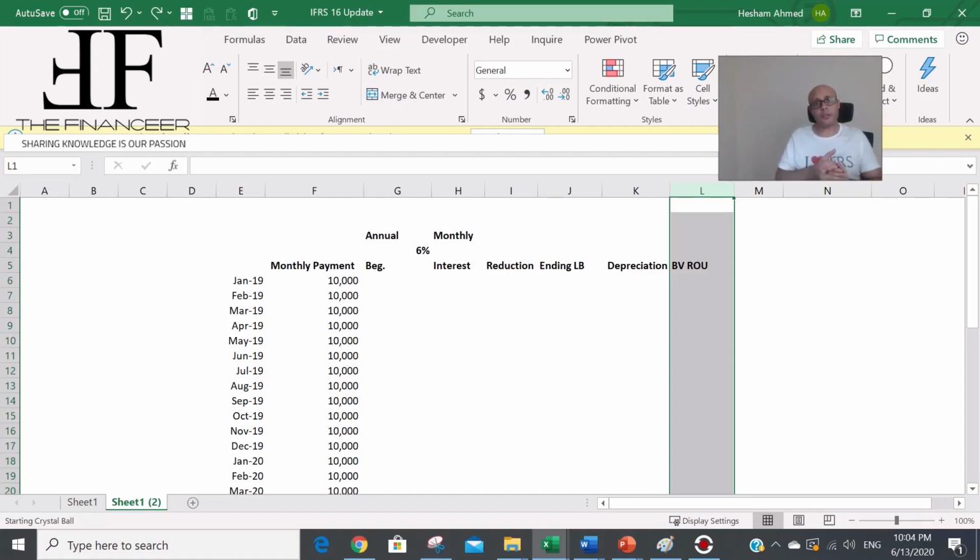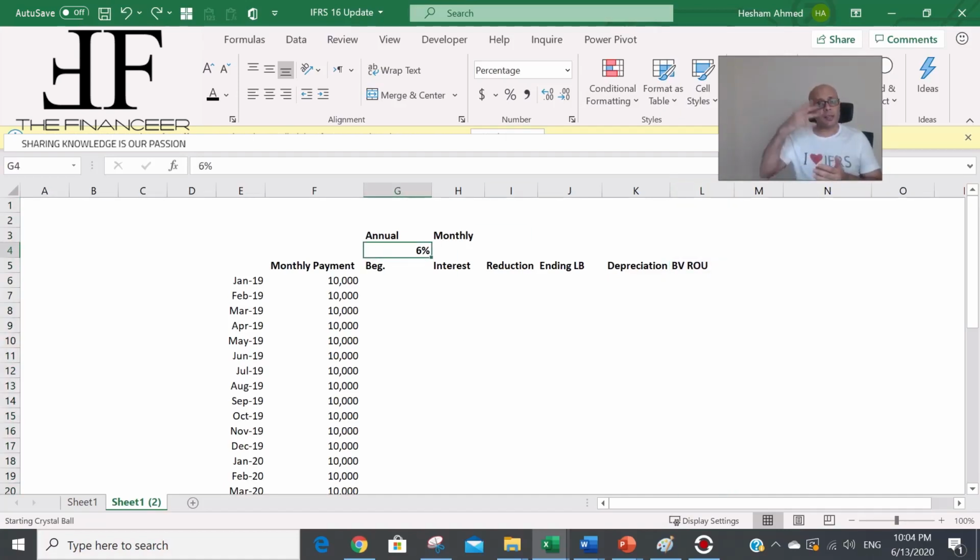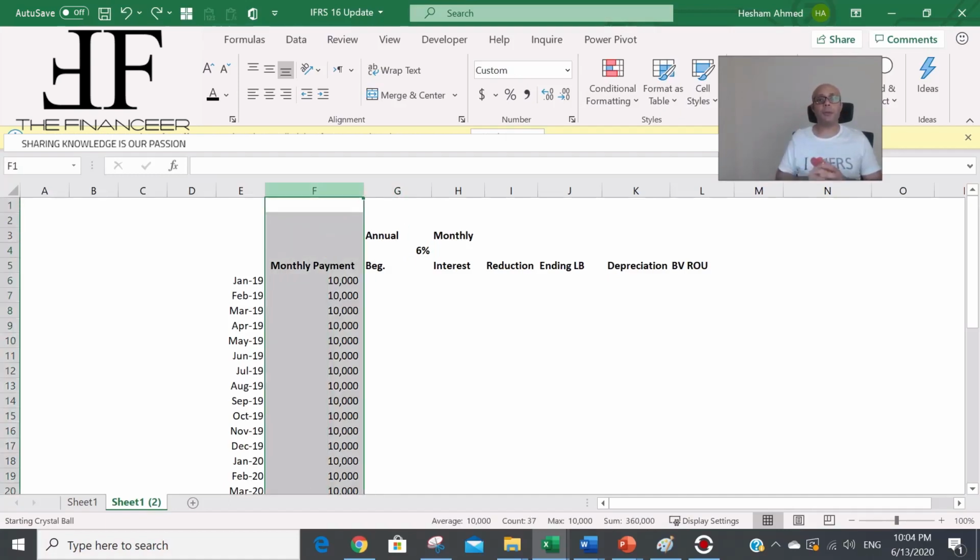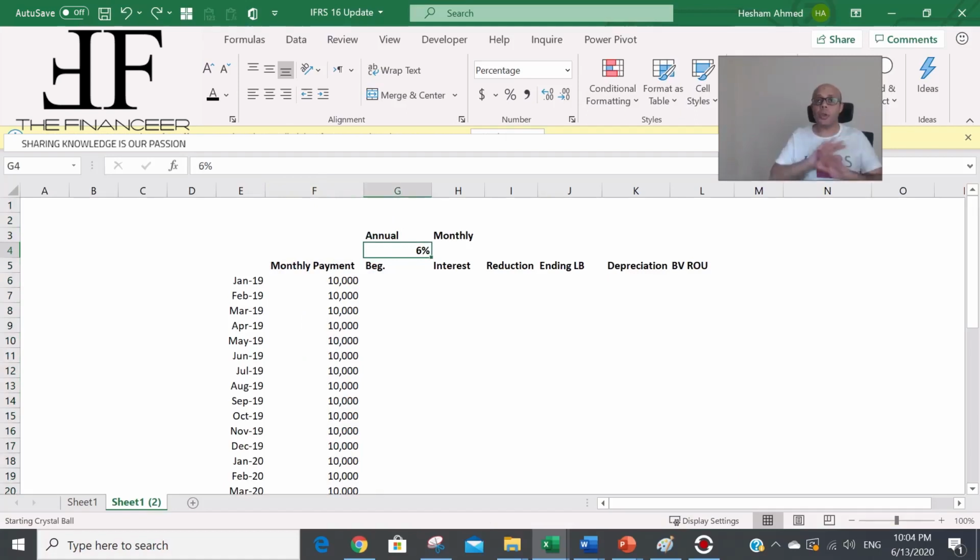The first thing that you need to do in order to run the calculations here is to convert this annual interest rate into a monthly interest rate.